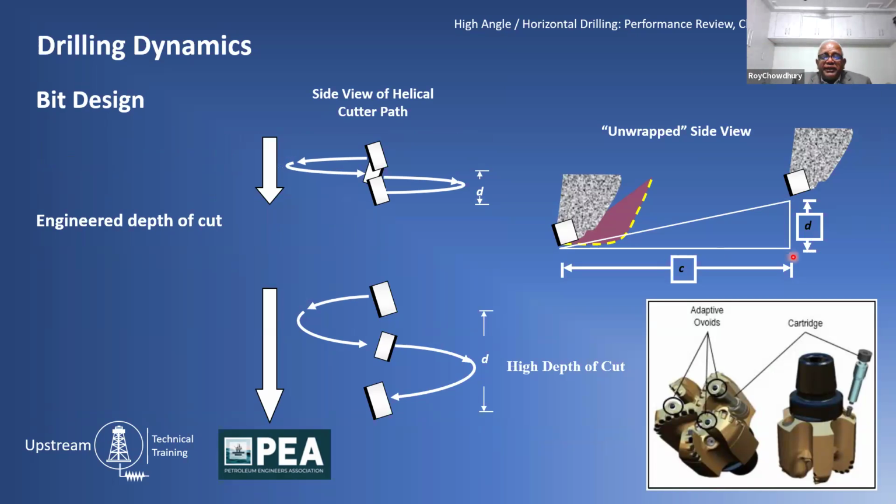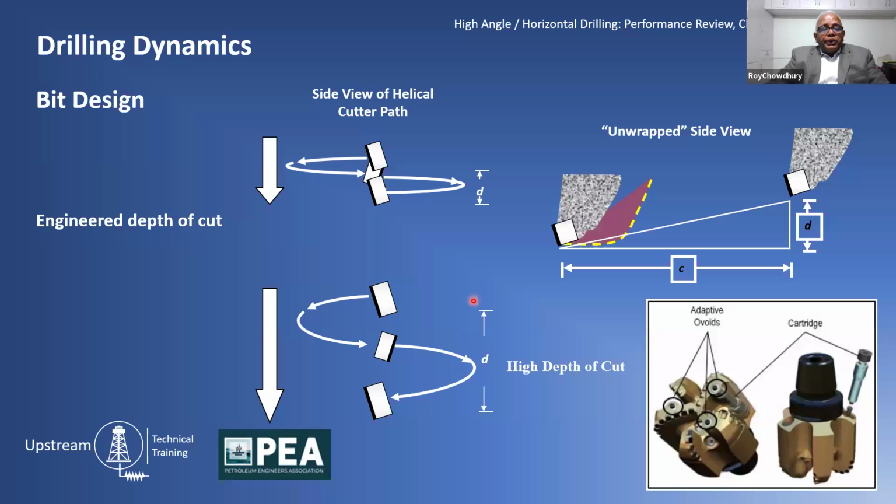This distance is called depth of cut. If it is going too far, we engineer it so that the blade comes in contact with the formation and it slows down, taking away the torque spike. Does this make sense, guys?